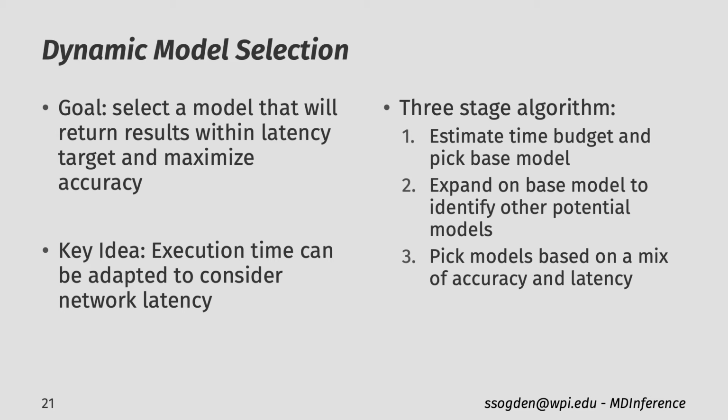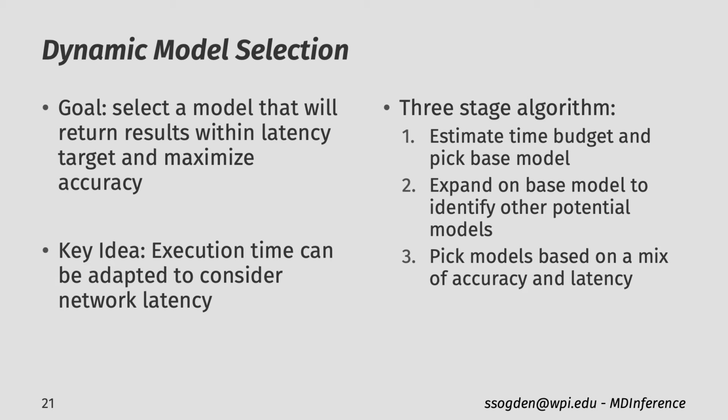Our dynamic model selection is based around the key insight that we can adapt execution latency to the experienced network latency. We do this via a three-stage algorithm. First, we estimate the time budget as the target latency minus the network latency, and select a model that is the highest accuracy model that is predicted to complete within the time budget. Second, we expand to a set of similar models, which we call the exploration set, which include models that have an acceptable average latency, but an unacceptable predicted latency. They may have a standard deviation too high to be predicted to finish within time.